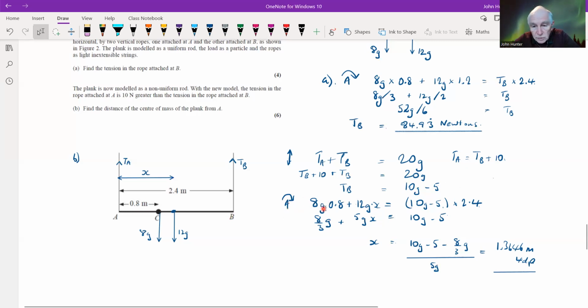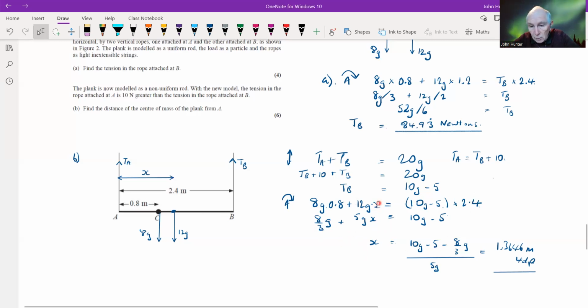These are the clockwise moments: the 8G force, and the 12G force, which of course is acting X from the reference point. That's going to be equal to the anti-clockwise, which is TB times the distance, and the plank length is still 2.4.